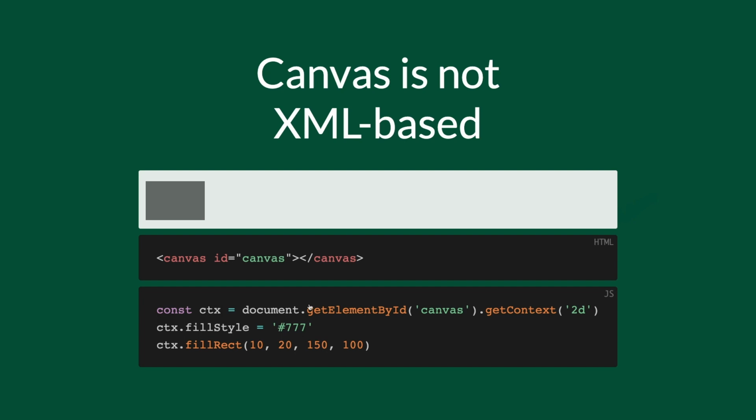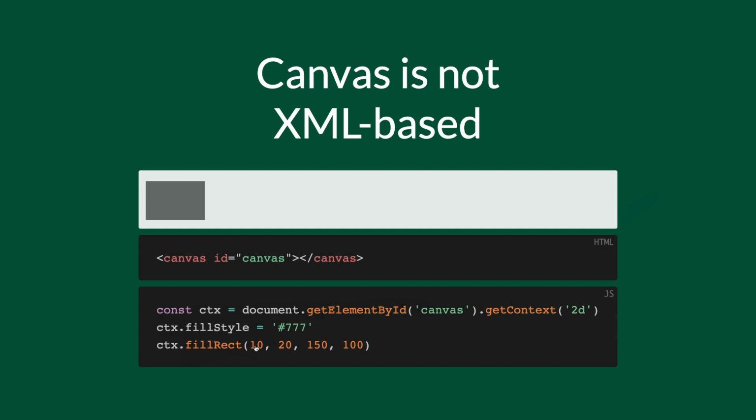We'll create a context, and with this context we can set fillStyle to decide a color that we're going to draw with, and then fill a rectangle with this color.